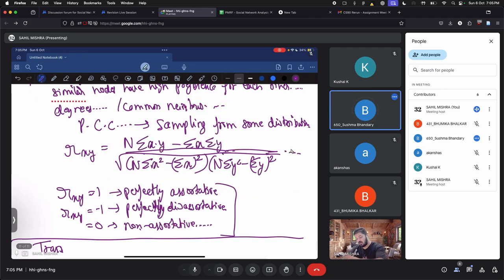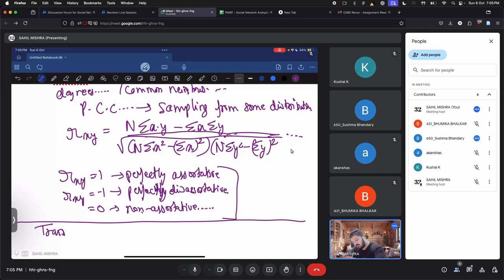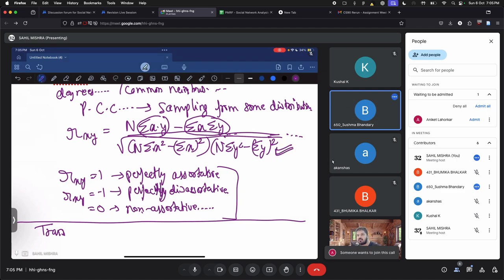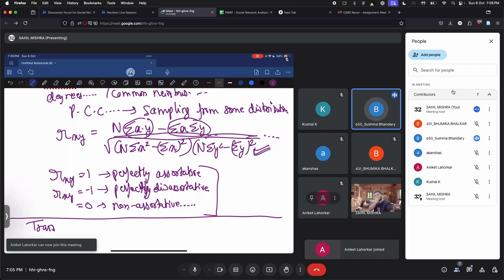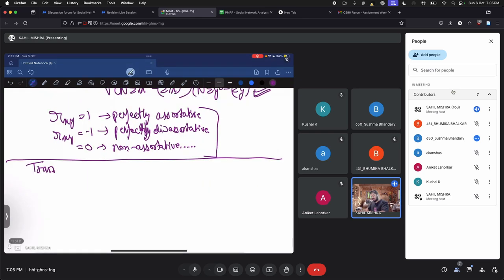You tell me how minus 1 will come here. No, they are completely in opposite direction. So I will explain it in the context of the Pearson correlation coefficient.